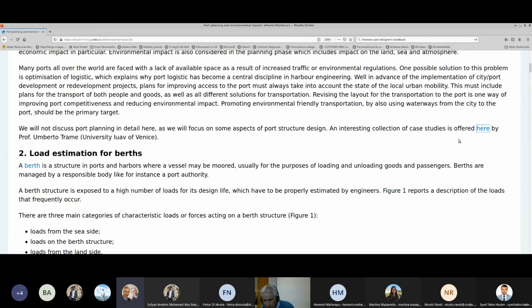Okay, so I have to check because sometimes I'm linking from the web pages of other professors and I need to check the links. In this case, it's probably better to remove it. And what I was saying, the links give you the opportunity to expand your preparation, to expand your knowledge.